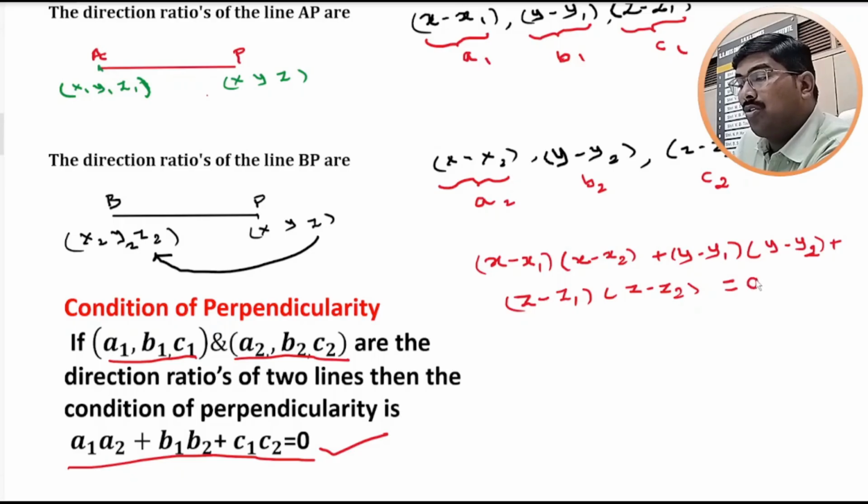So, this is called the equation of sphere in diameter form whose endpoints of a diameter are x1, y1, z1 and x2, y2, z2.